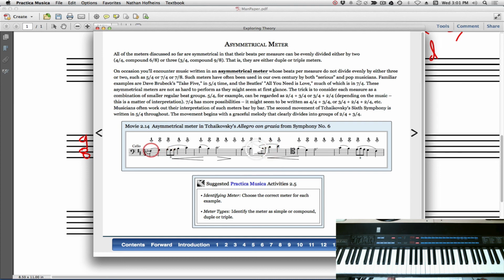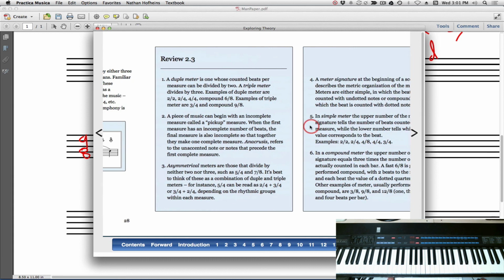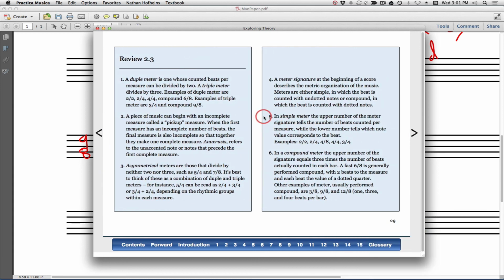But know that they do exist. You can have odd numbers on the top, like 5 and 7. And those are kind of a combination of a simple and a compound meter. Okay. So that's it for Chapter 2, Section 3. On to Section 4.